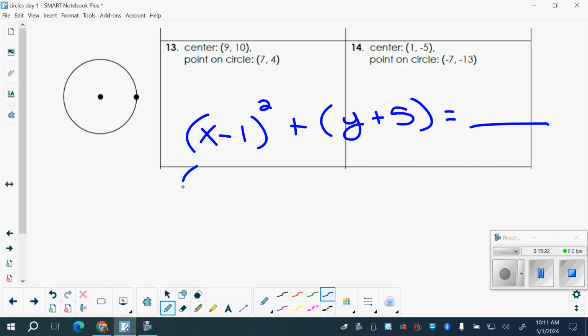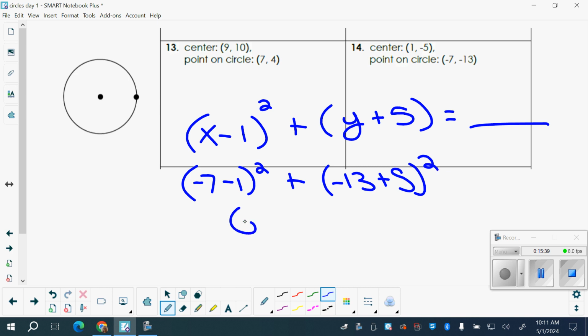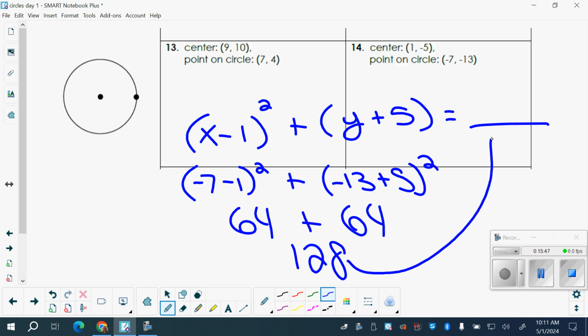So then we're going to say negative 7 minus 1 plus negative 13 plus 5. I don't even care about the negatives. I get negative 8, but I square it, so I get 64. I get another negative 8, but I square it, so I get 64. So I get 128, and what Sean did is he just came and put it right there.